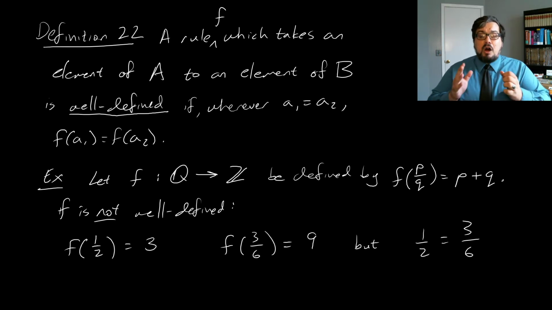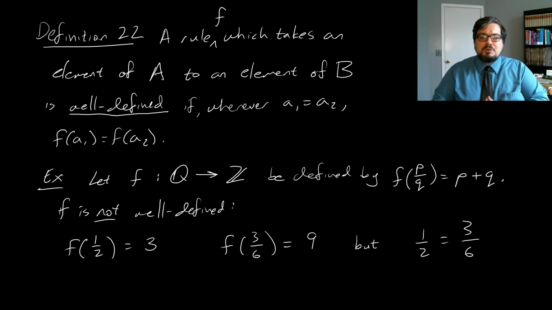In this case, our problem is that we are using the representation p over q for a rational number, but that isn't unique. There are lots of different ways of writing down a rational number this way.